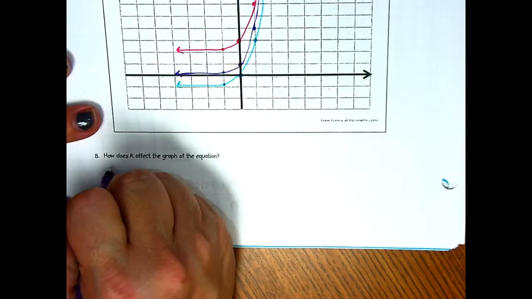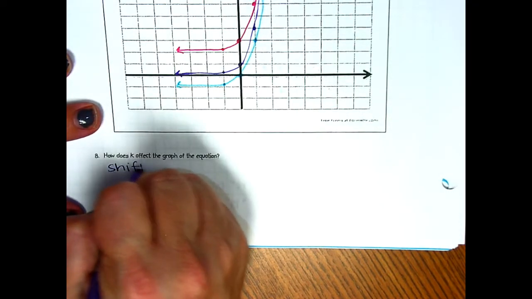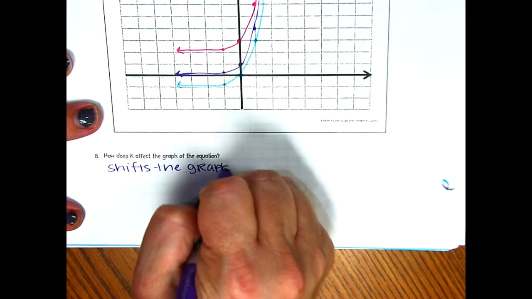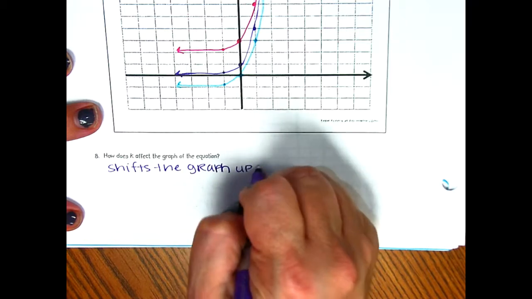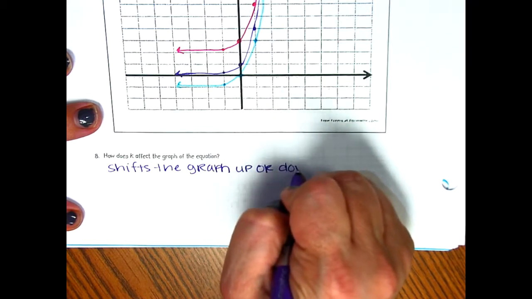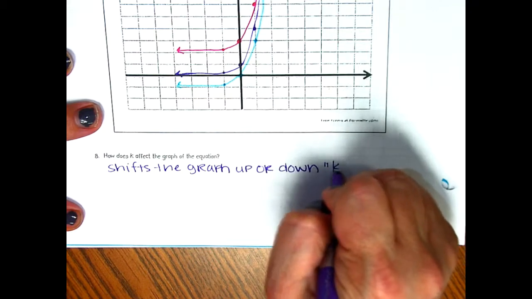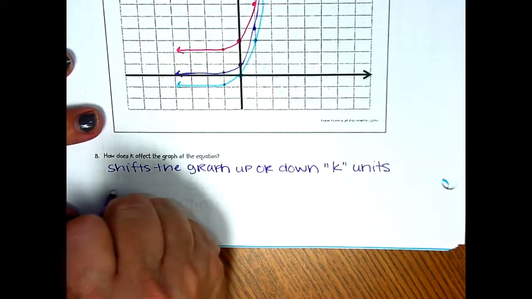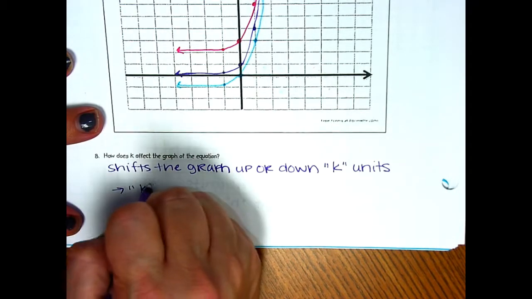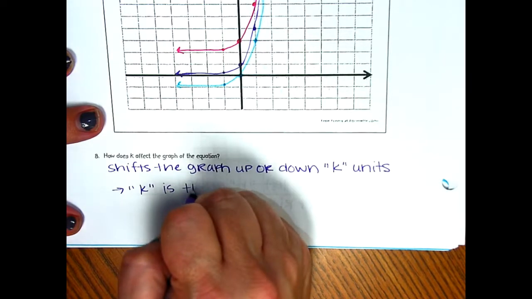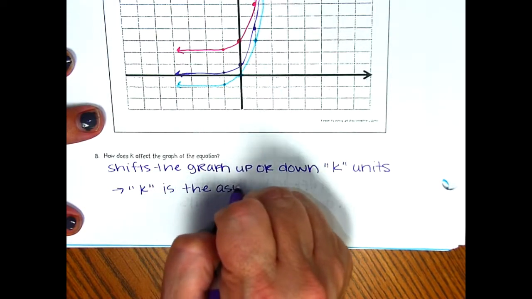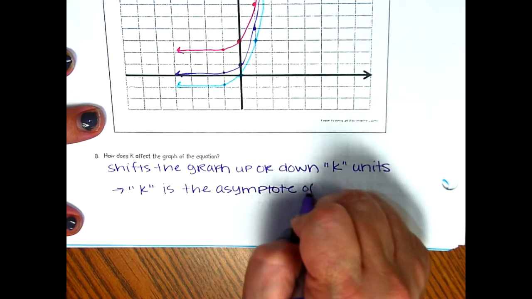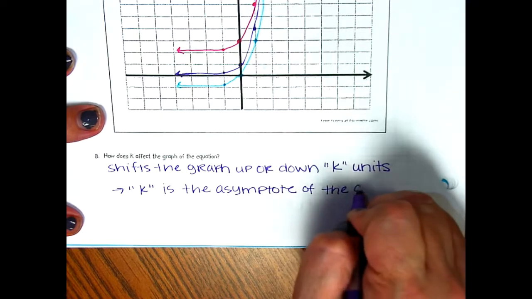It shifts the graph up or down k units, and also k is the asymptote of the graph.